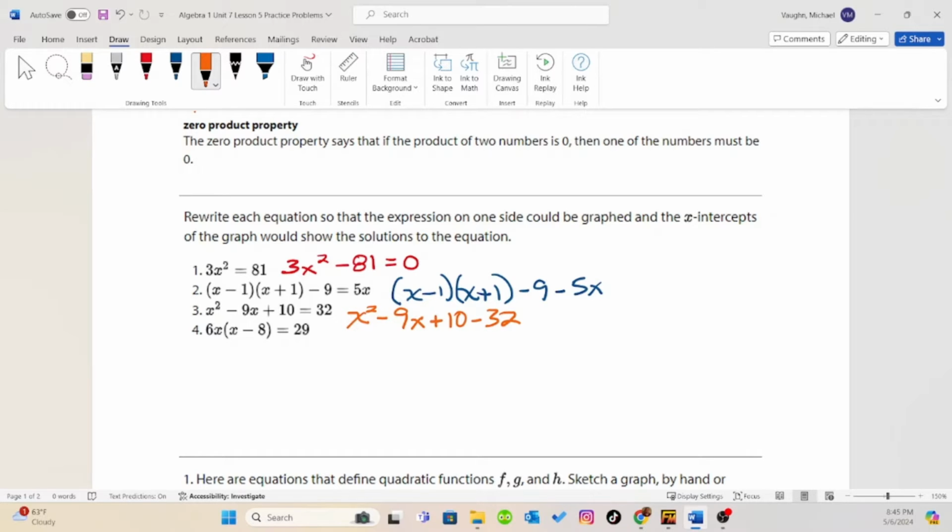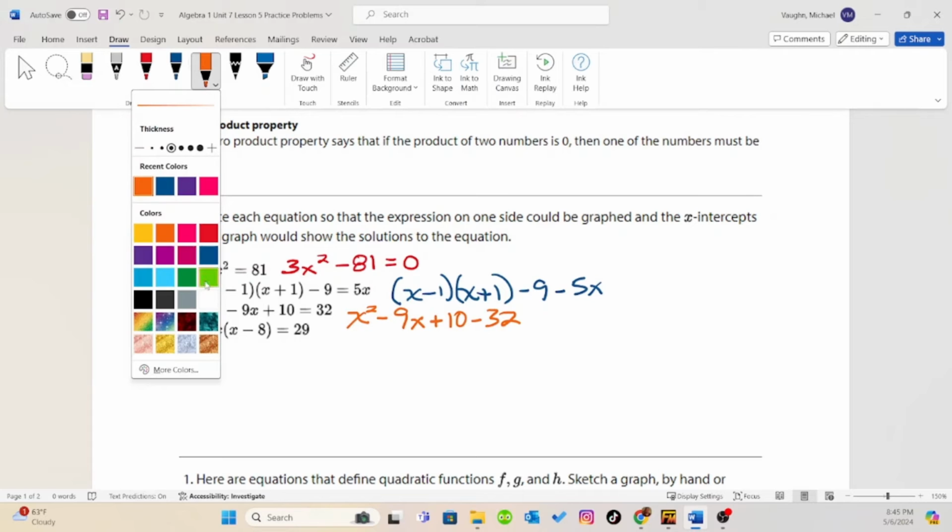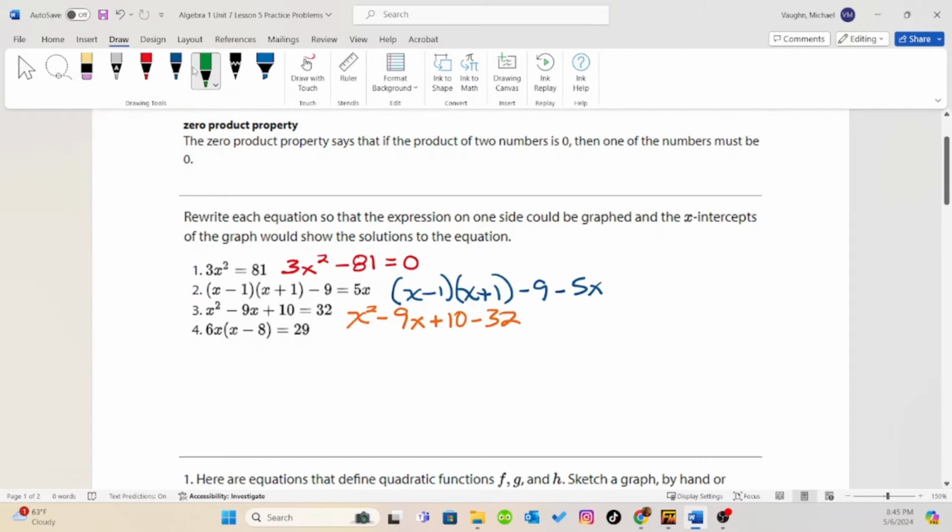And finally, number 4, we have a positive 29 on the right side. The opposite of positive 29 is minus 29. So this would become 6x times x minus 8 minus 29.